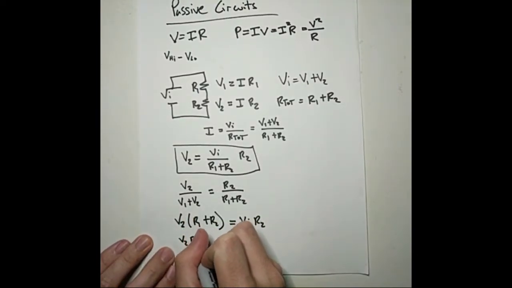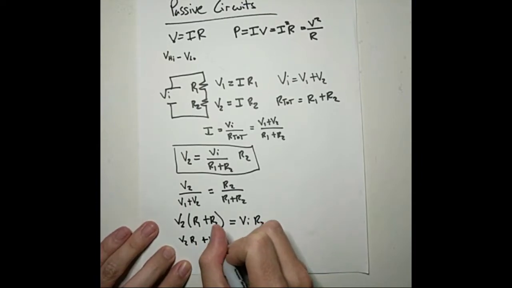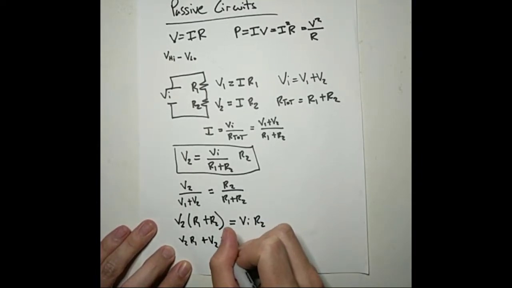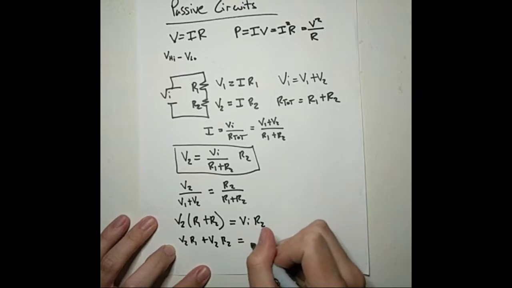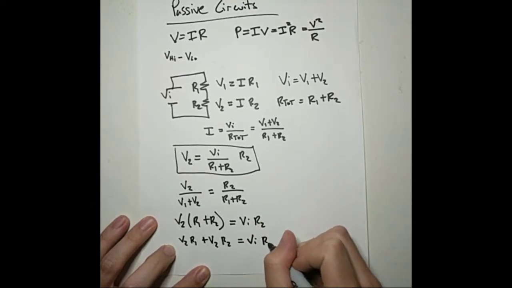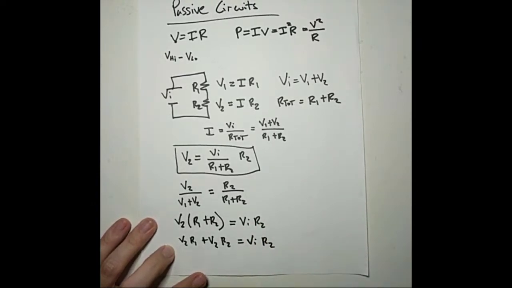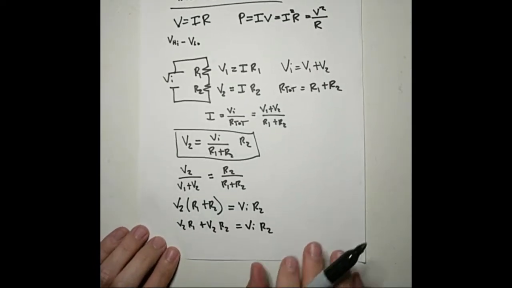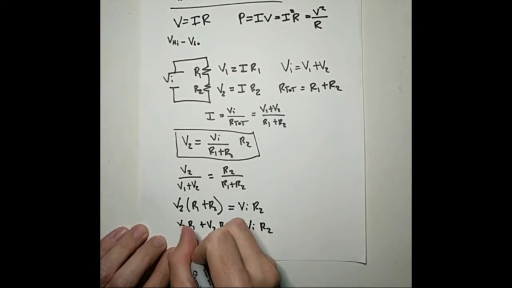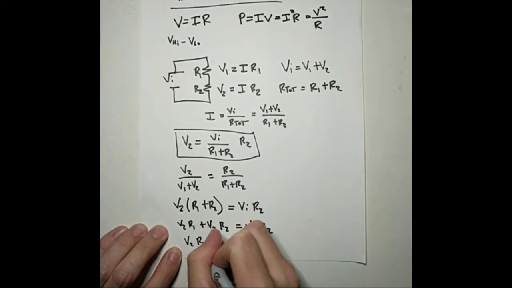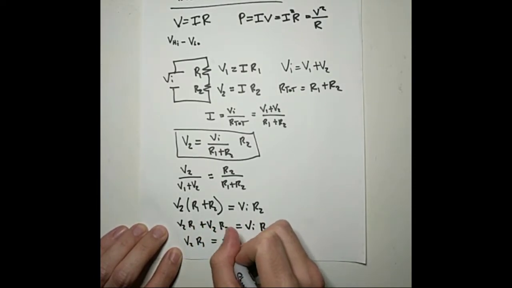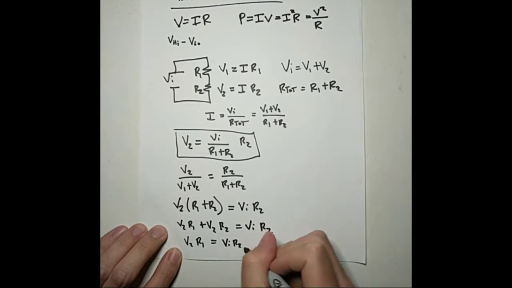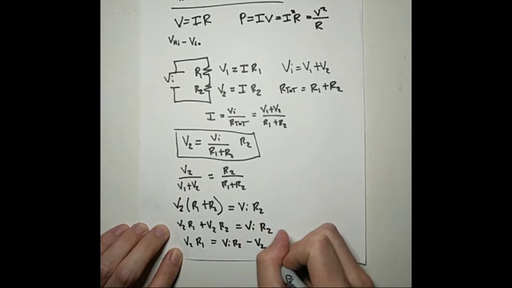So I've got V2R1 plus V2R2 is VIR2. So now I'm going to bring this term over, so I have my R2 terms all on the same side. So that gives me V2R1 is VIR2 minus V2R2.